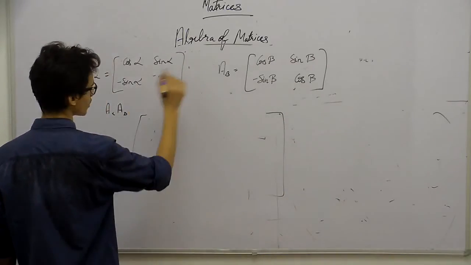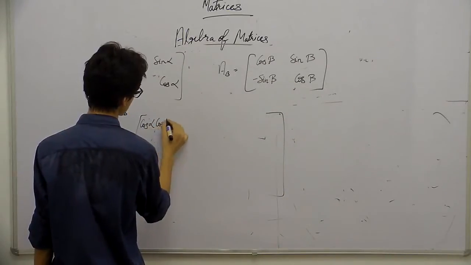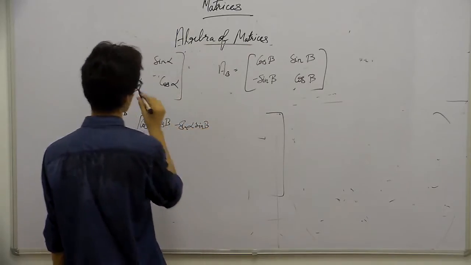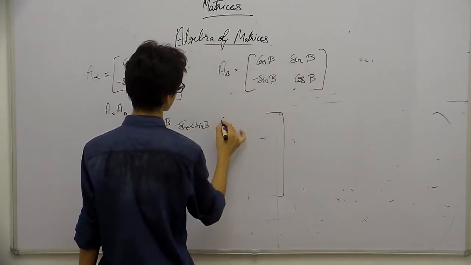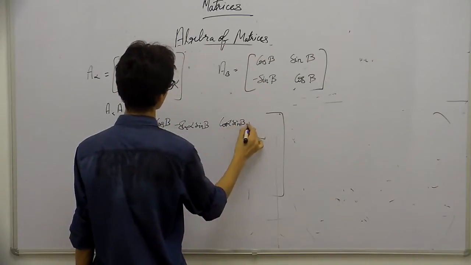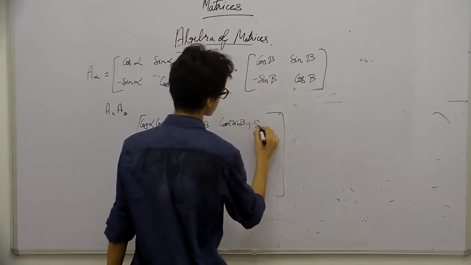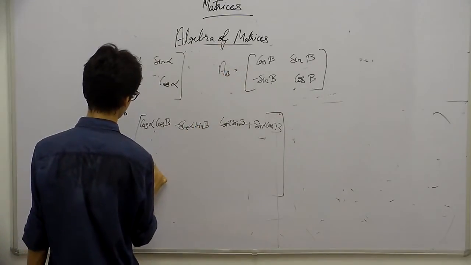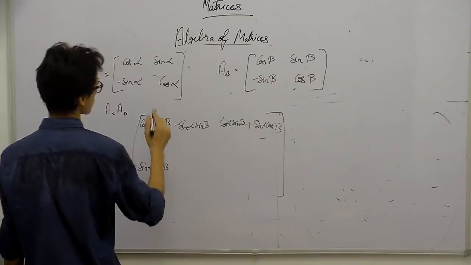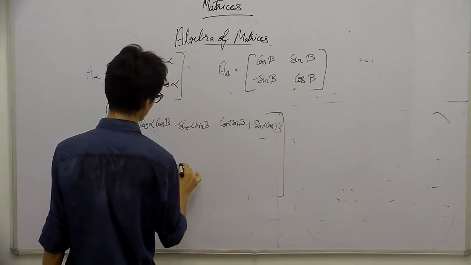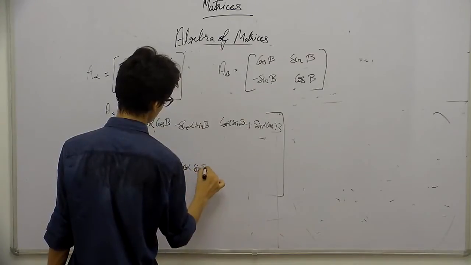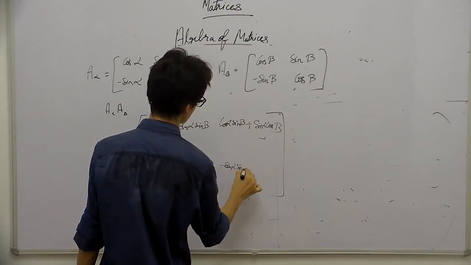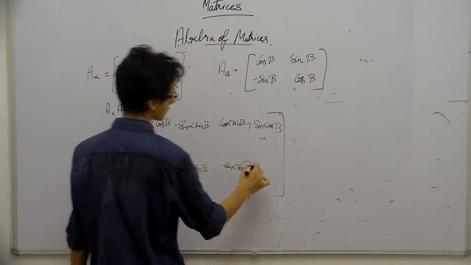It is equal to cos alpha cos beta minus sin alpha sin beta, cos alpha sin beta plus sin alpha cos beta, minus sin alpha cos beta minus cos alpha sin beta, and minus sin alpha sin beta plus cos alpha cos beta.